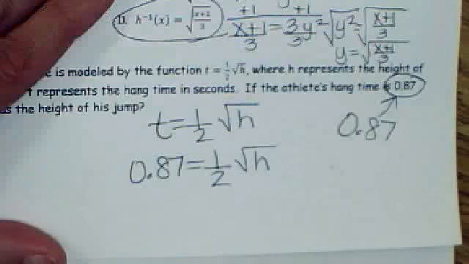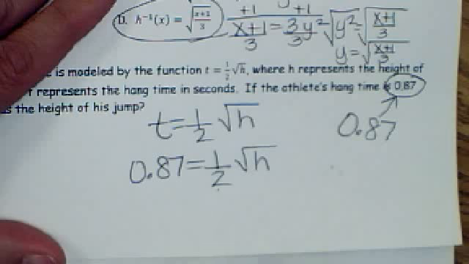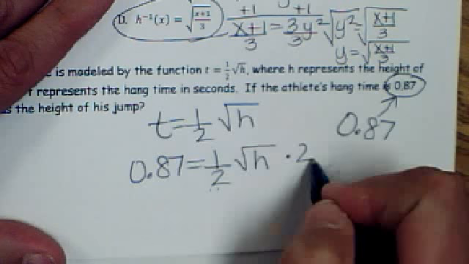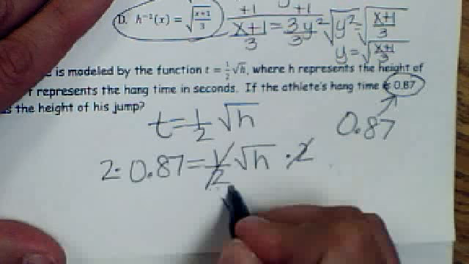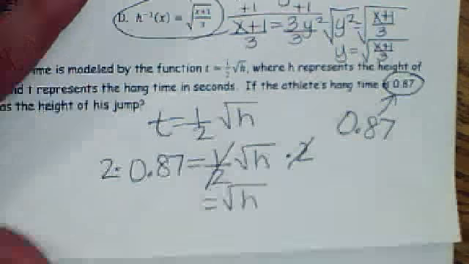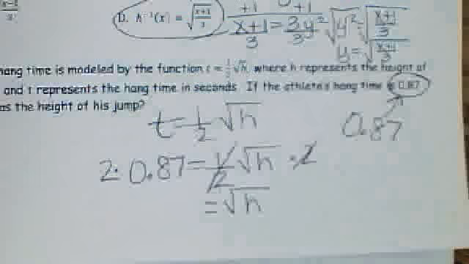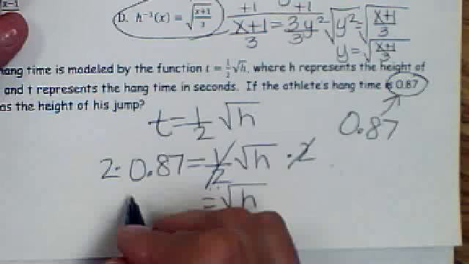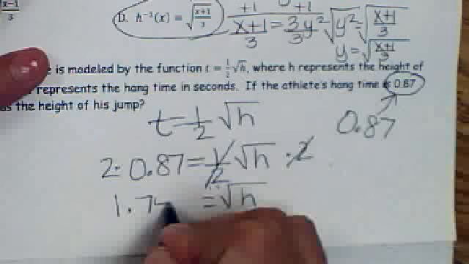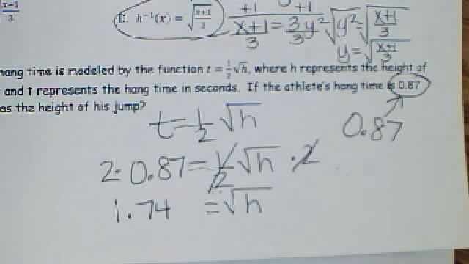To solve it, I have to get rid of that 1/2 first. Before you can get rid of a square root, you have to get rid of anything extra that's around it. So I have to get rid of that 1/2. To get rid of that 1/2, I'm going to multiply both sides by 2. So times 2 times 2. 1/2 goes away. And then 0.87 times 2 is 1.74. Now, to get rid of that square root, now I can square both sides.